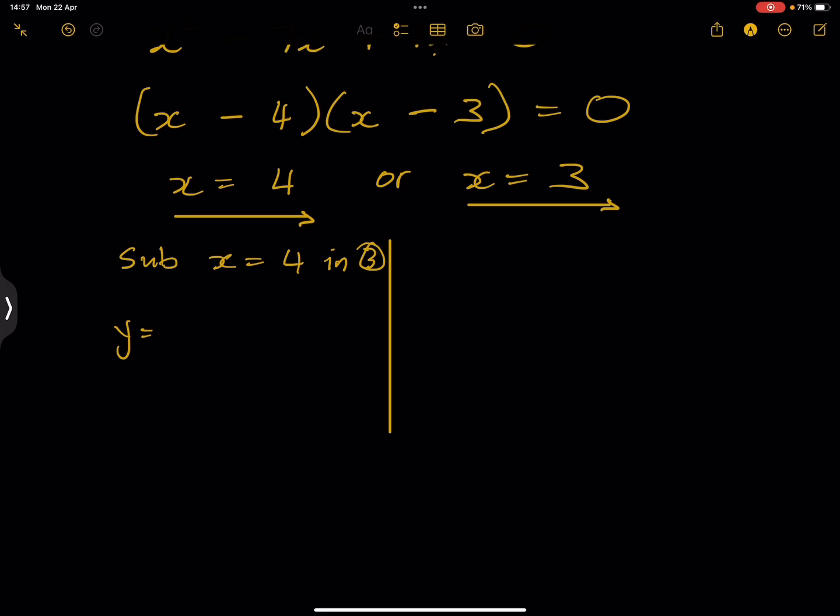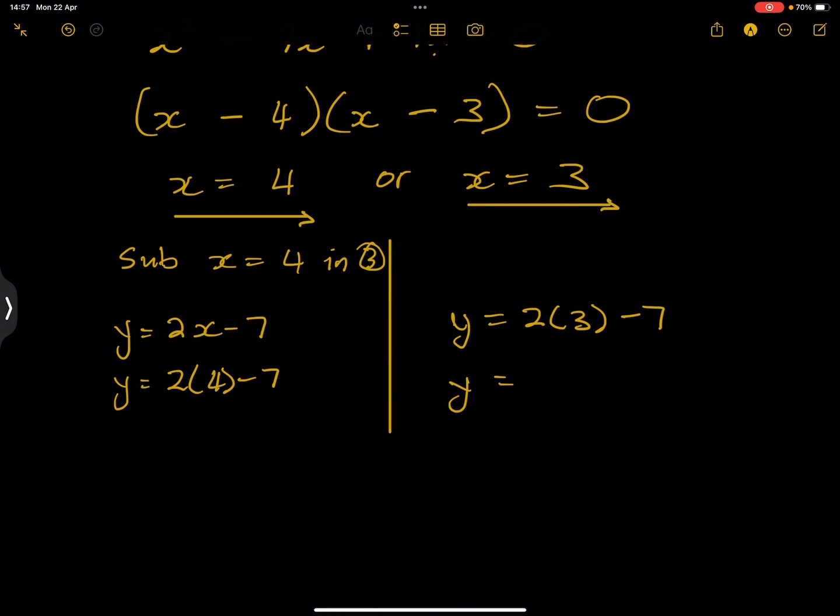We had y is equal to 2x minus 7. So y would be 2 times 4 minus 7. And then y is equal to 2 times 3 as well, minus 7.